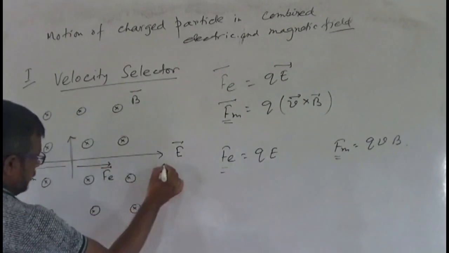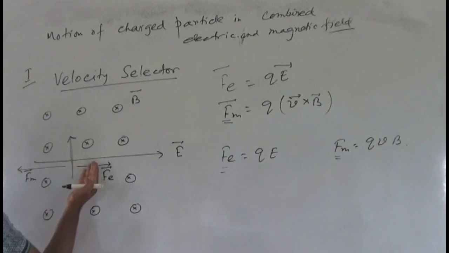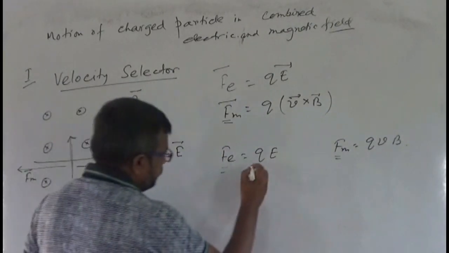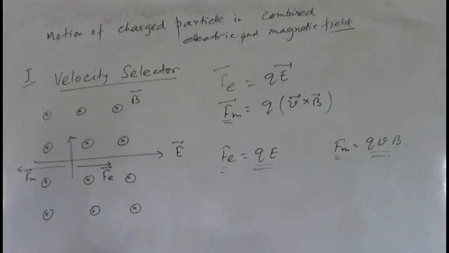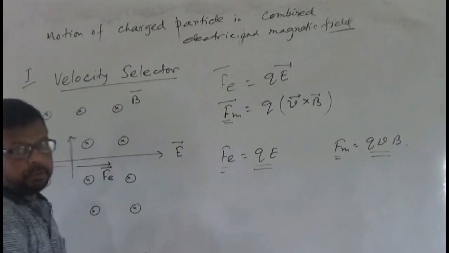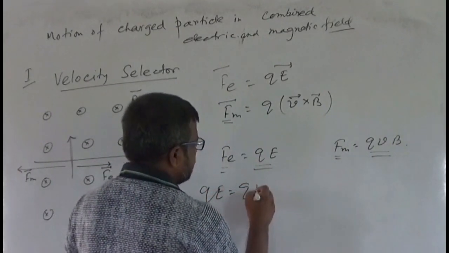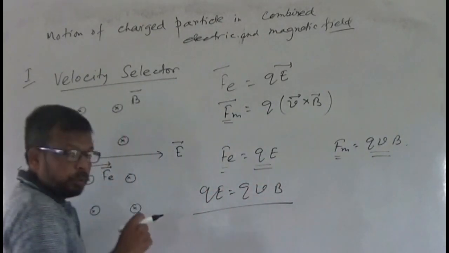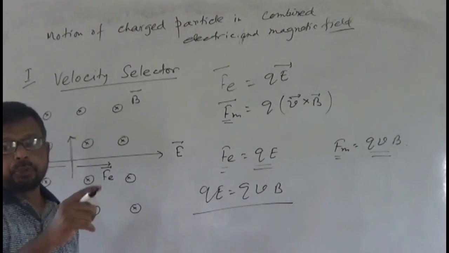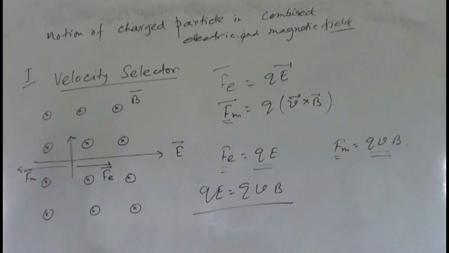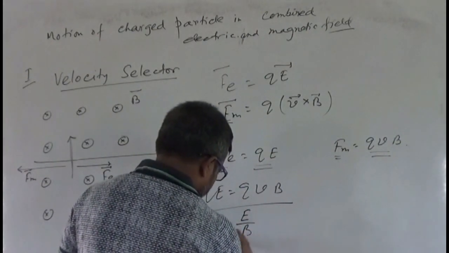Electric force is in this direction, magnetic force is in this direction. If the magnitudes are the same, then the net force acting on the charged particle is 0. If qE equals qvB, then the net force is 0. Clear? And in that case, v equals E by B.